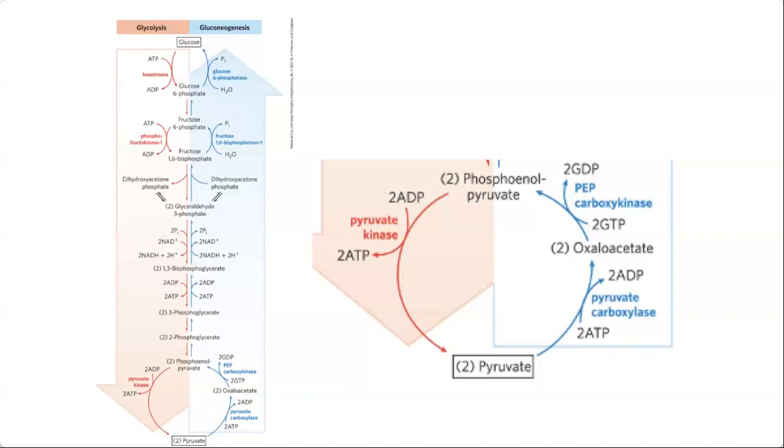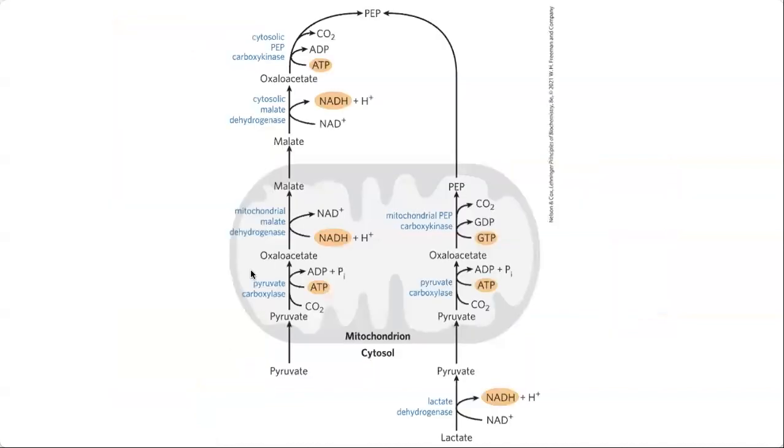But basically, we have these 2 steps, and to make things even more complicated, they're happening in different areas. We're going to carry out part of this in the mitochondria and part of it in the cytoplasm. When we're talking about glycolysis, that was all happening in the cytoplasm, or the cytosol, basically the general inside of our cells. But then a lot of our stuff is going to happen in our mitochondria.